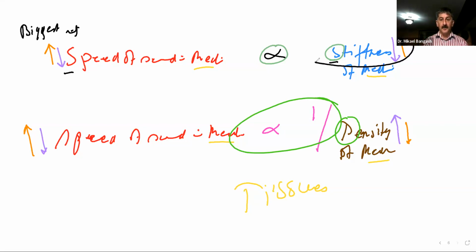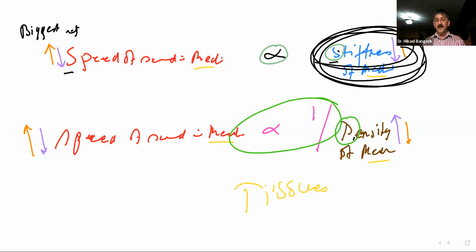And that is still going to be stiffness. Of these two factors, where one is directly proportional and the other inversely proportional, it is still the stiffness of the medium that has the greatest influence upon the propagation speed of sound.